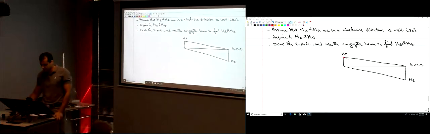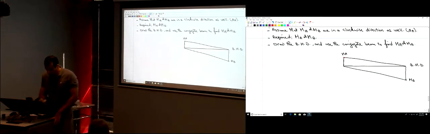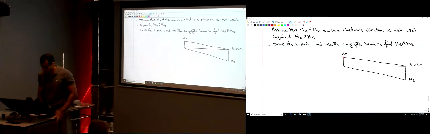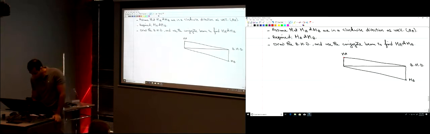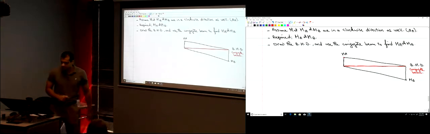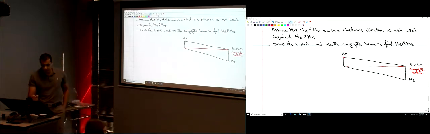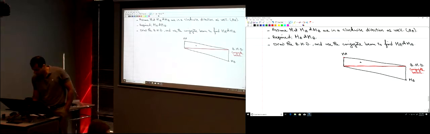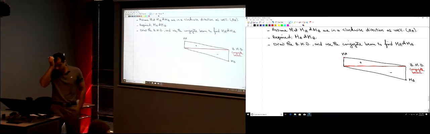I just now need to put this on the conjugate beam, right? So now, that's the conjugate beam. Okay? This part is positive, this part is negative.